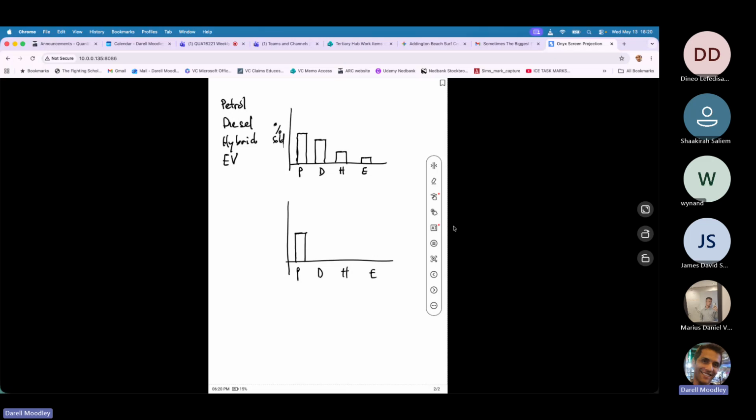You have petrol here, diesel here, for hybrid you have this, and electric you have this. Looking at the statistics and the visual, what do you change your priority to? This is now, and this is then.